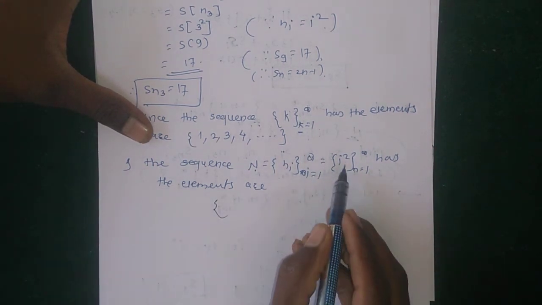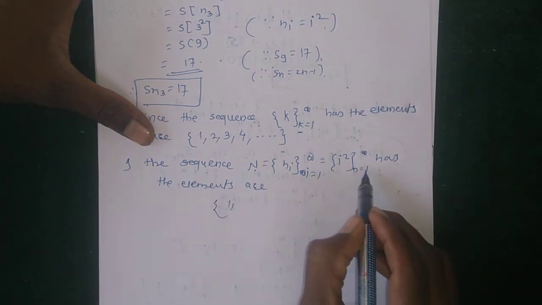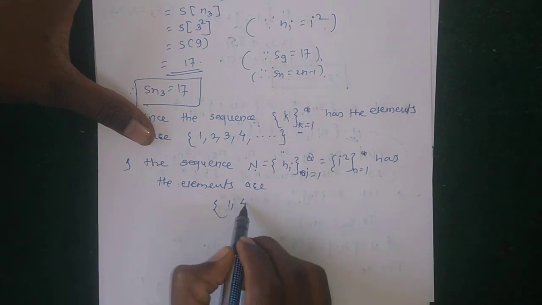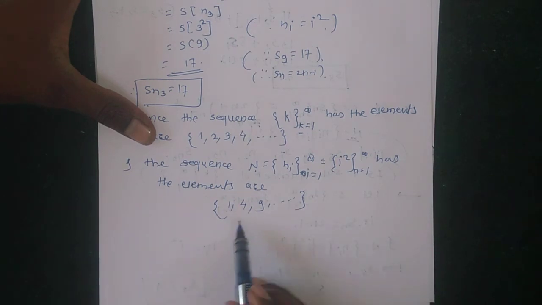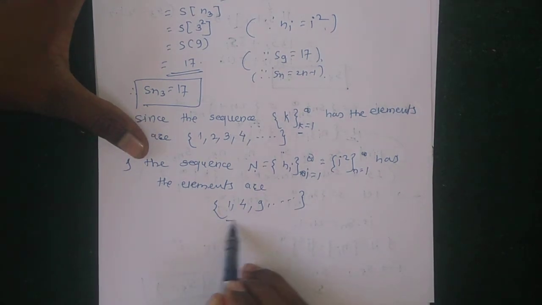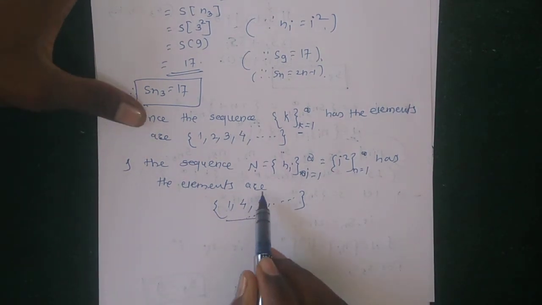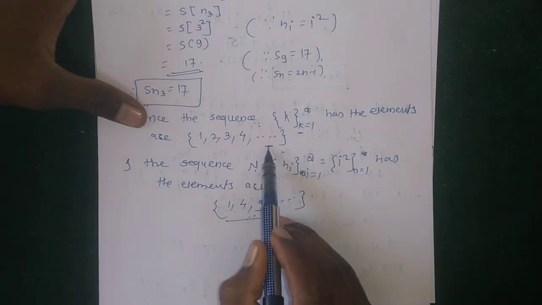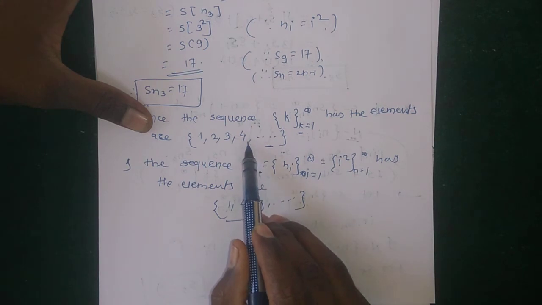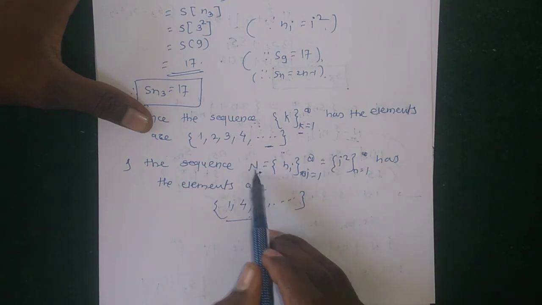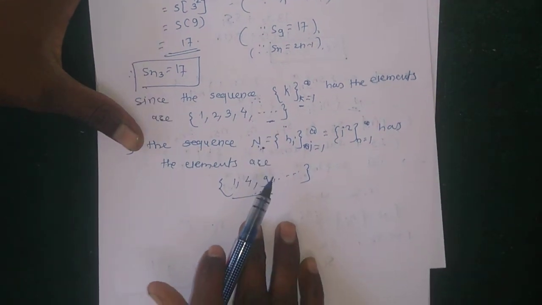This sequence contains the elements i square, meaning 1 square is 1, 2 square is 4, 3 square is 9, and so on. Okay, so the elements of this sequence n are also contained in the sequence k, therefore n is a subsequence of the given sequence k.